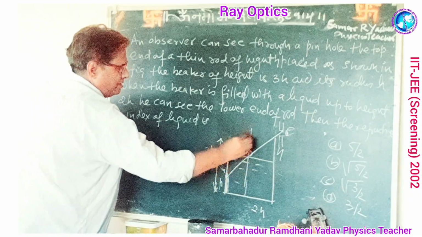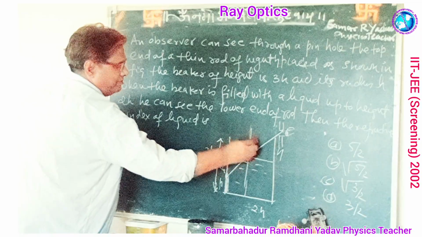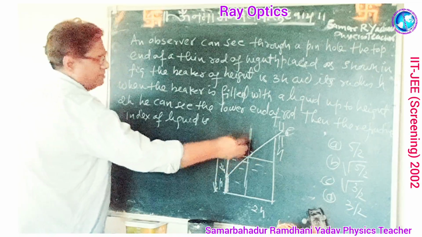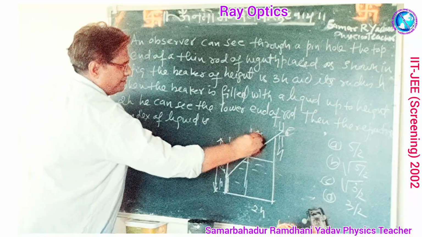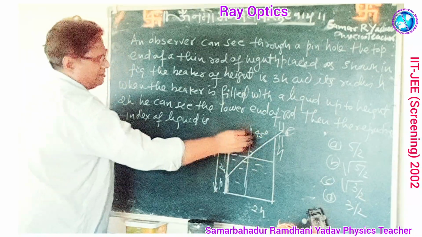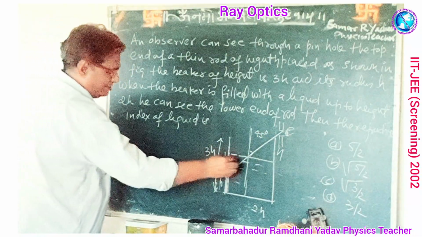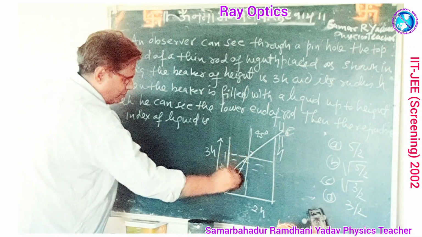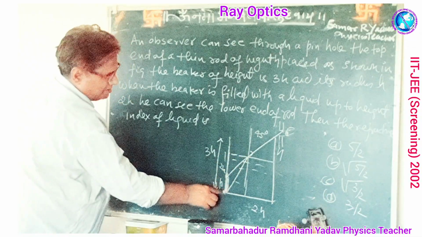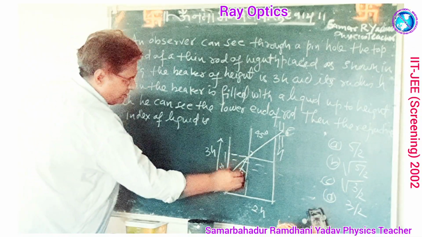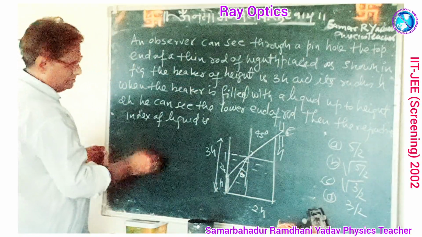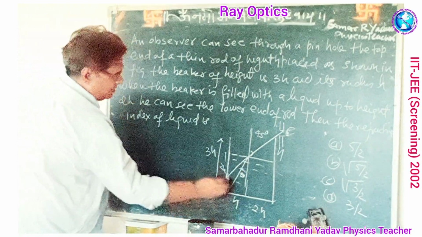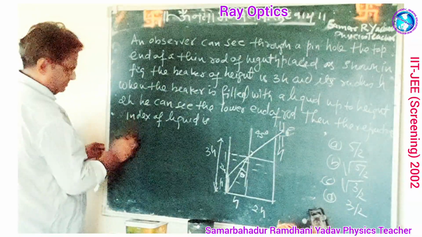Now this angle is the angle made with the normal by the line of sight of the observer, that is 45 degrees, because the line of sight of the observer is constant, and he sees the bottom of the rod, making angle theta. This is h.